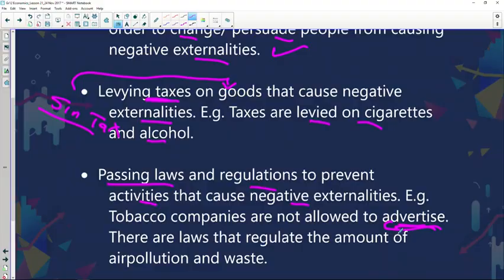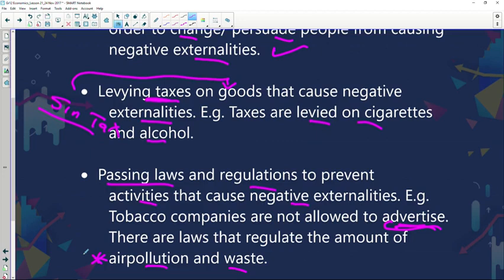It's always important to engage with these issues and also listen to counter arguments around these issues as well. So there are laws that regulate the amount of air pollution and waste. So this is important in terms of the factories and the manufacturers. They are guided by certain laws and regulations in terms of air pollution and also wastage.